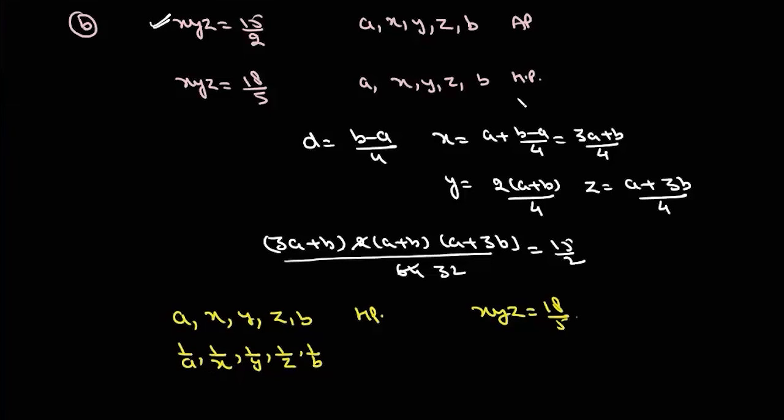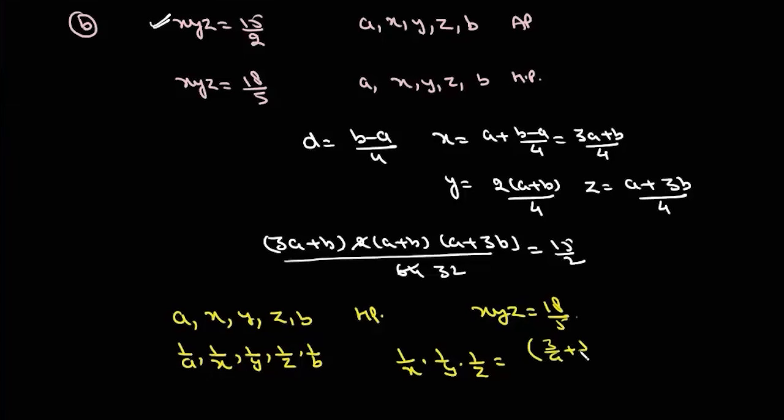So it will be same as this first equation where A, X, Y, Z, B are in AP. The only difference is here A is 1 upon A, B is 1 upon B, X is 1 upon X, Y is 1 upon Y and Z is 1 upon Z.